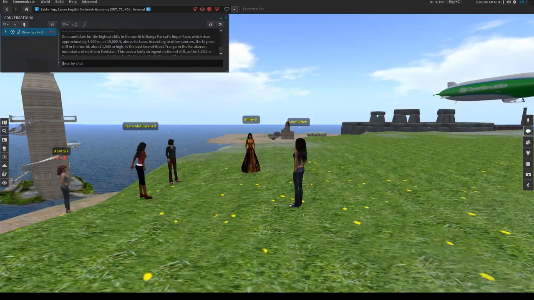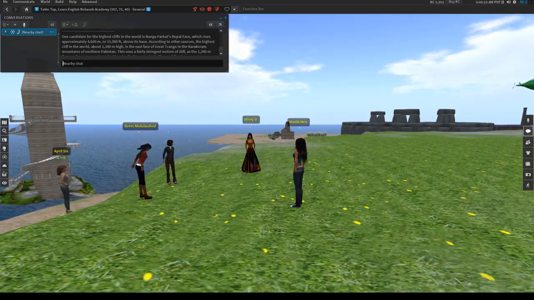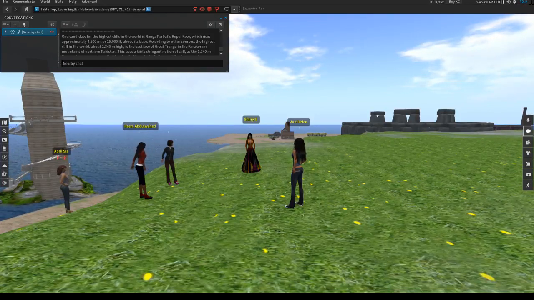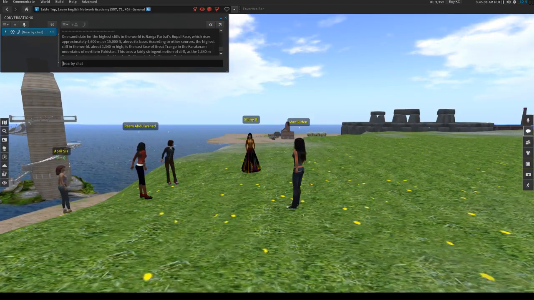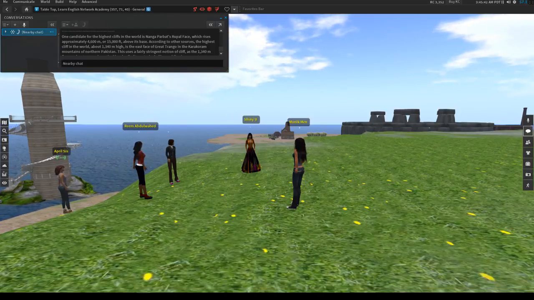One candidate for the highest cliffs in the world is Nanga Parbat's Rupal face, which rises approximately 4,600 meters or 15,000 feet above its base. According to other sources, the highest cliff in the world, about 1,340 meters high, is the east face of Great Trango in the Karakoram Mountains of northern Pakistan.